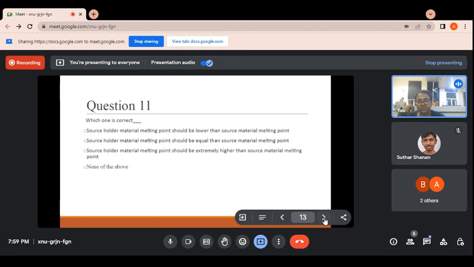The third option is source holder material melting point should be extremely higher than the source material melting point. The fourth option is none of the above. So go through the question carefully first. Only option 3. Ma'am, option 2 and 3.